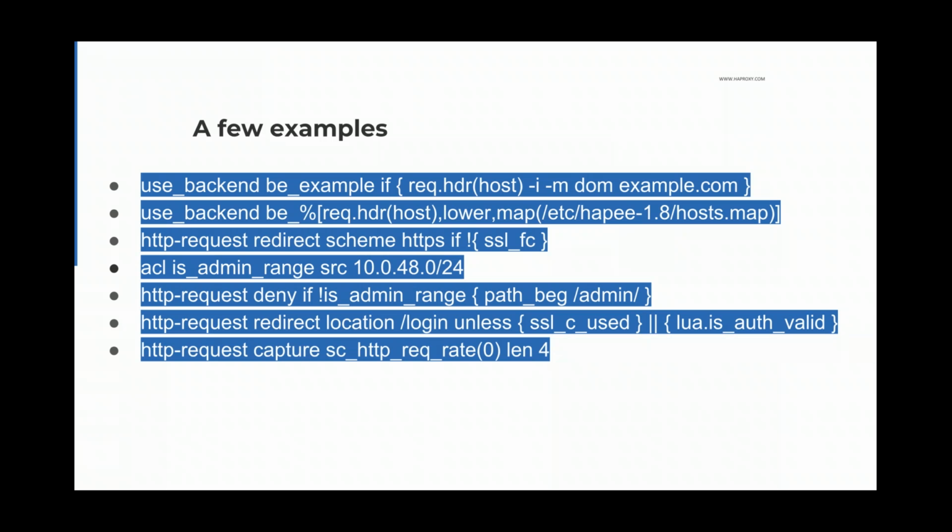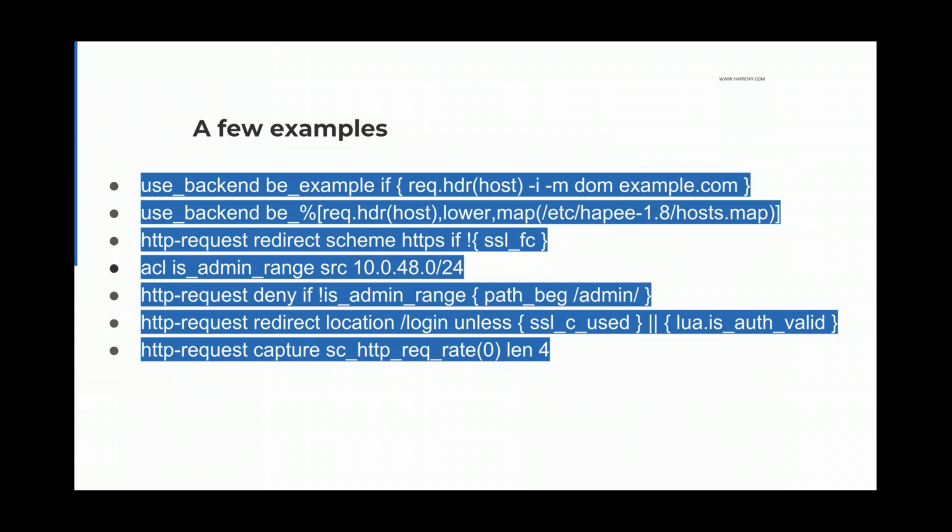This is a capture, which is not as closely related to ACLs, but I use it frequently, especially if I'm dealing with large amounts of traffic and one of my fetches isn't doing exactly what I expect. You can use an HTTP capture in order to include a given fetch into the logs.